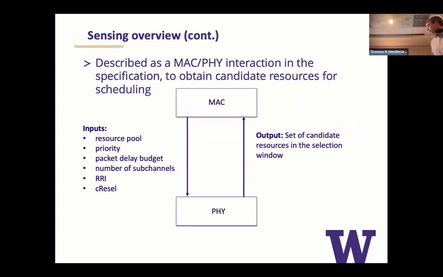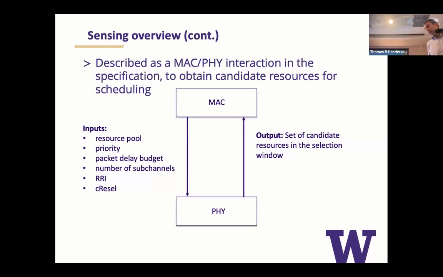In the standard, that's described as a MAC-PHY interaction, where the MAC provides a number of inputs to the PHY. It says, here's the resource pool I care about, the priority, the packet delay budget, the number of contiguous subchannels I need to be scheduled, the RRI, and a reselection counter. The output from the PHY is a set of candidate resources in that selection window that I just showed.